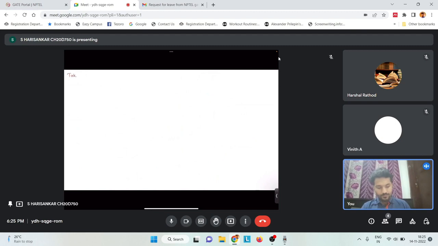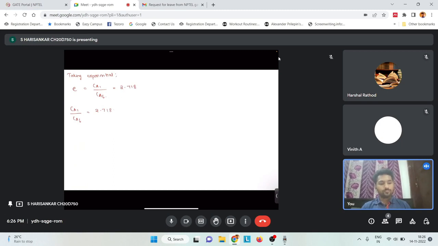So taking exponential on both sides, e will be equal to Ca1 by Caf, and the value of e is 2.718. So what this means is Ca1 by Caf is equal to 2.718.